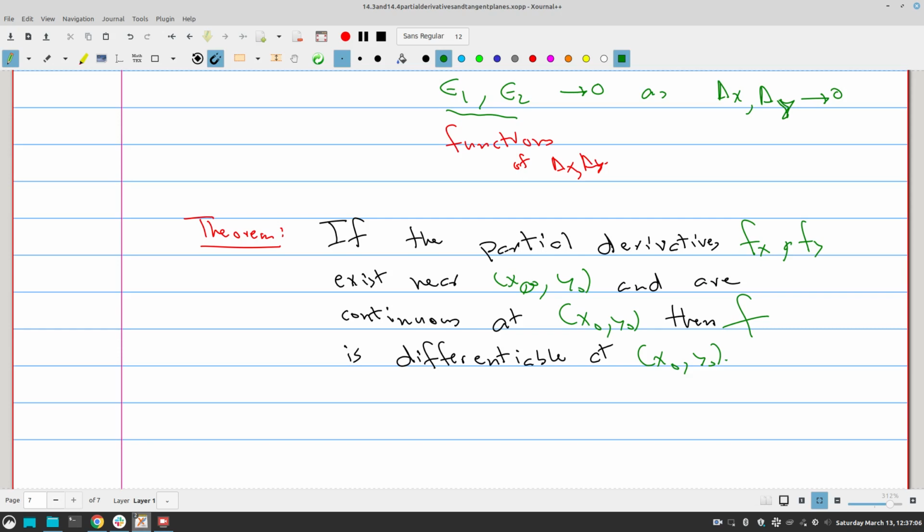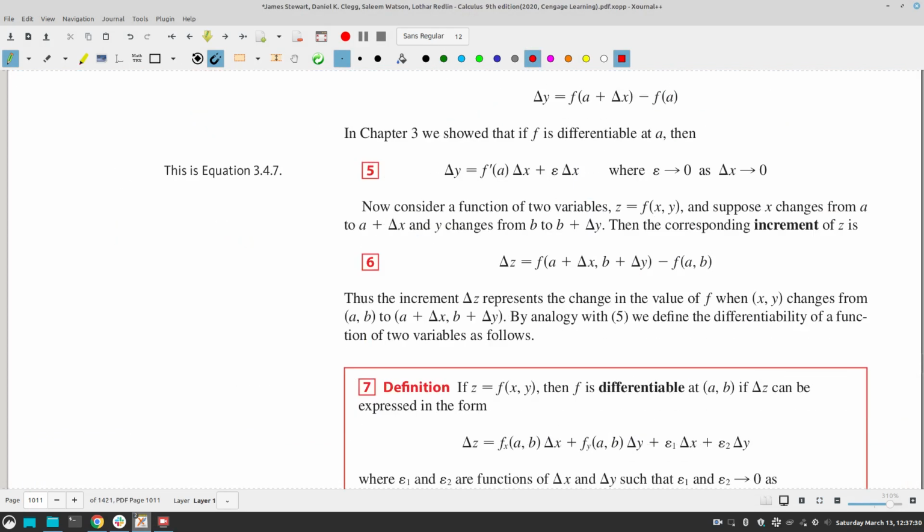And the question is, what do we mean by exist near x naught, y naught and continuous at x naught, y naught? Obviously you know what it means to say it's continuous at x naught, y naught. So what does it mean to exist near x naught, y naught? Let's look at an example of this.